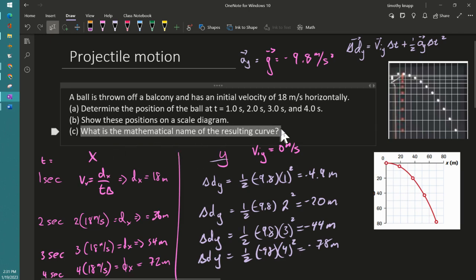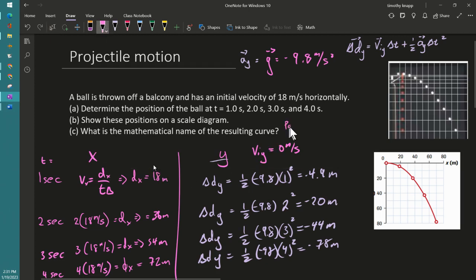Okay, this was just a basic kind of question where we started off with a horizontal velocity, no vertical velocity, and we're just sort of trying to map out the shape of this sort of pattern. And as you can see, what's the mathematical name of this resulting curve?